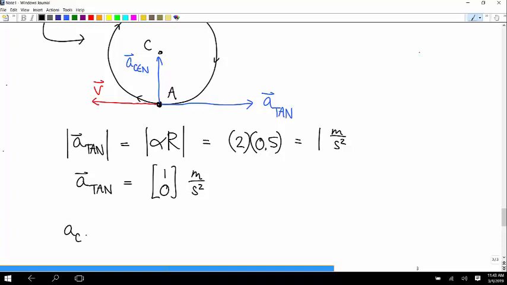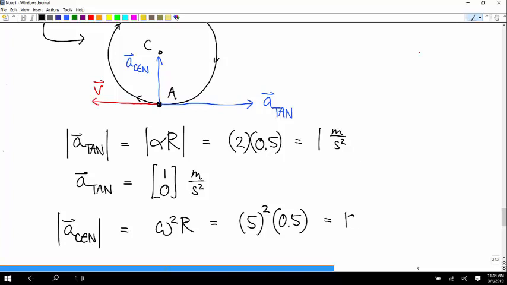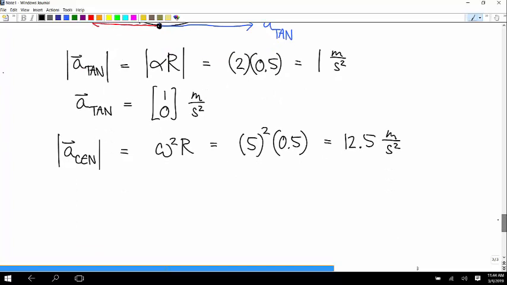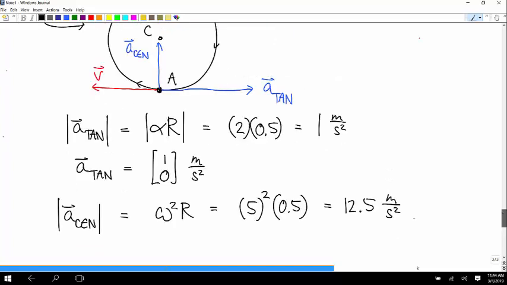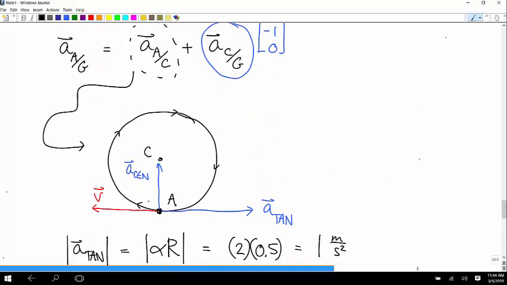The magnitude of the centripetal acceleration is omega squared r. So omega is 5, right? So omega squared times the radius, 12.5 meters per second squared. And from our picture, that's in the positive y direction.